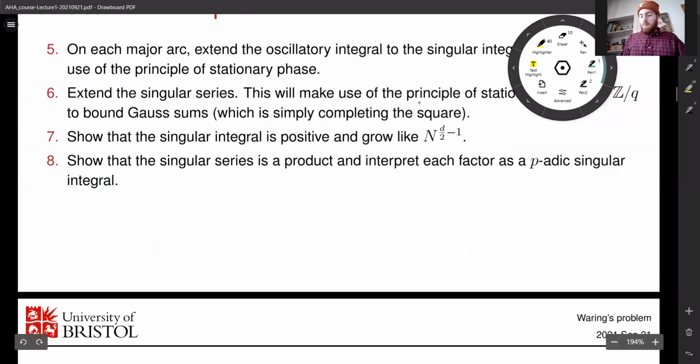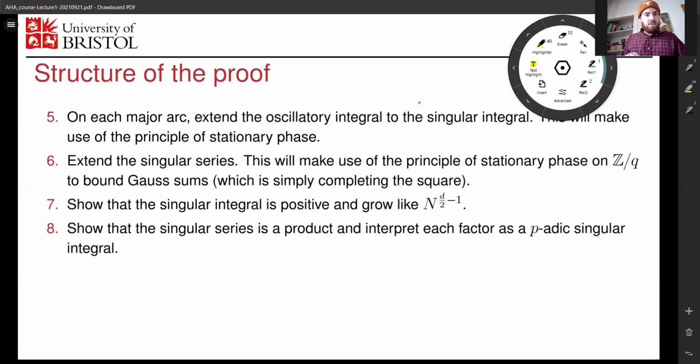How about Rob? I think you made a comment in the chat. Would you like to say what that is right now? Yeah, so this isn't important. I just left it there in case anyone was interested. But the divisor bound you used for the Gaussian integers, there's actually a version of it for arbitrary number fields. The obstruction to an obvious divisor bound for arbitrary number fields is that they might have infinitely many units.